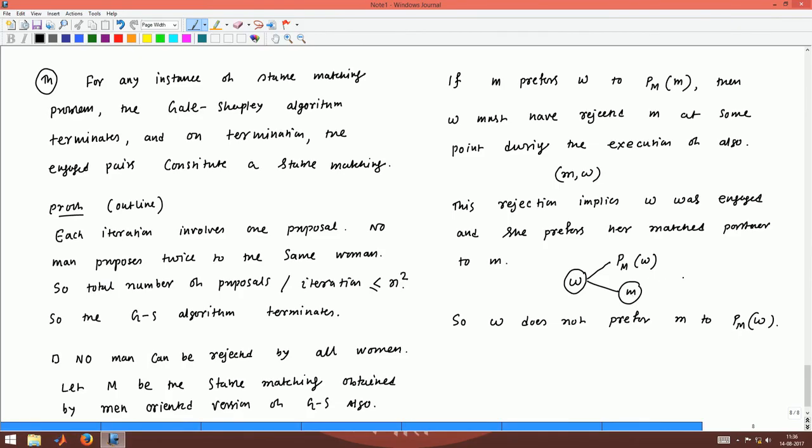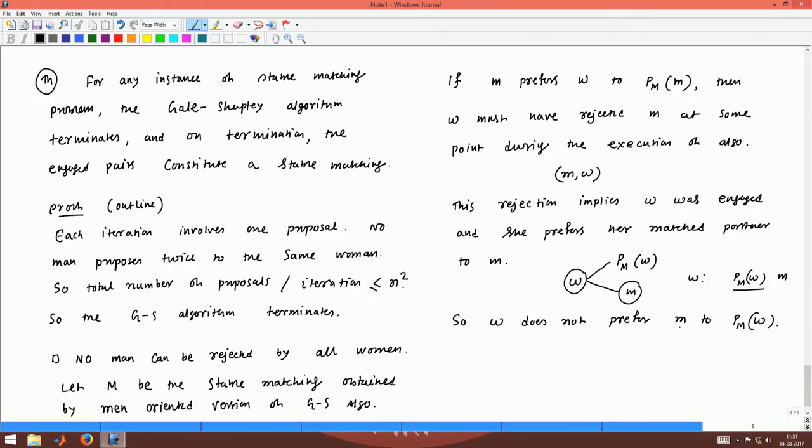That means, if you look at W's preference list, PMW, whoever be her matched partner at that point of time of the algorithm, is in a higher position than M. So, she prefers PMW to M. That means W does not prefer M to PMW.